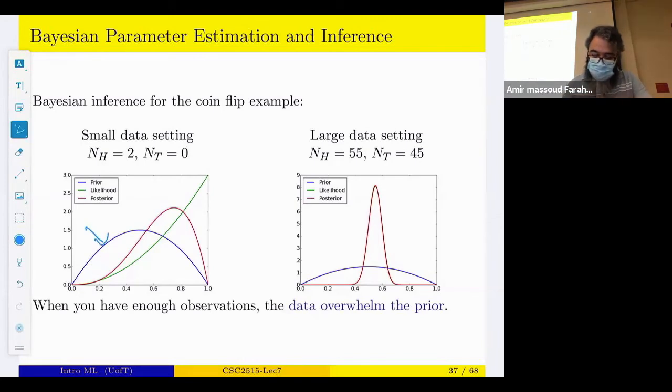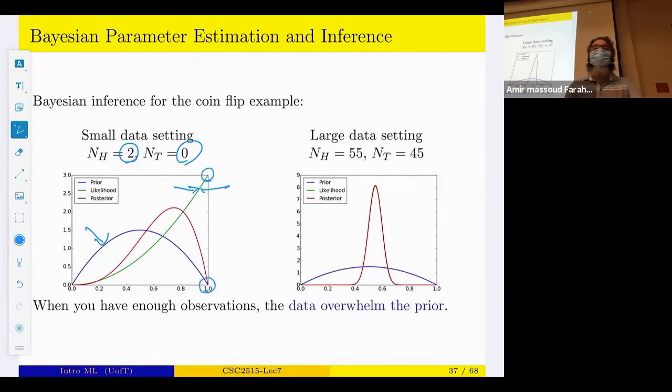The likelihood is the likelihood that we get for the data that we have. Here we assume that we are in a small data setting, where we observe 2 heads and no tails. In that case, the maximum of the likelihood appears at this point.